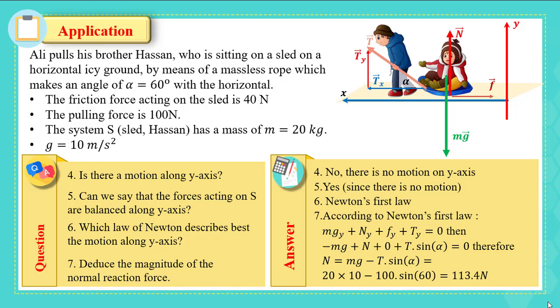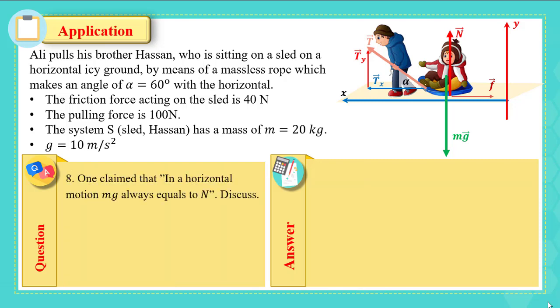Then, according to Newton's first law, we state the components of the forces along Y-axis, writing their projections along Y as minus mg plus N plus 0 plus T sine alpha equals 0. Therefore, N is mg minus T sine alpha, replacing m, g, T, and alpha by their values. Finally, N is 113.4 newtons.